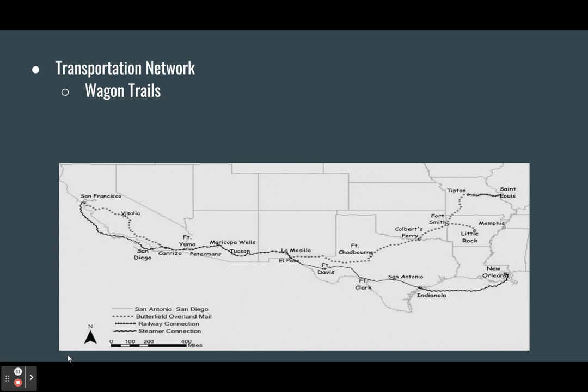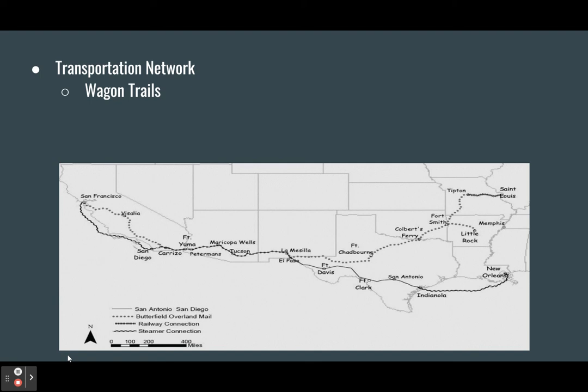That's how it's always been. And so the trails that are developed early on, whether we're talking about the Oregon Trail or any other trail, they are developed by Native peoples.